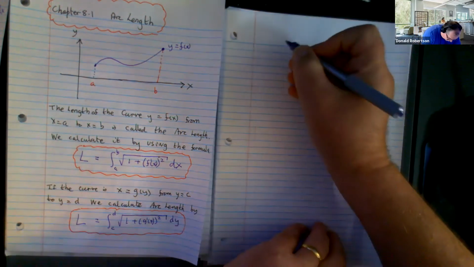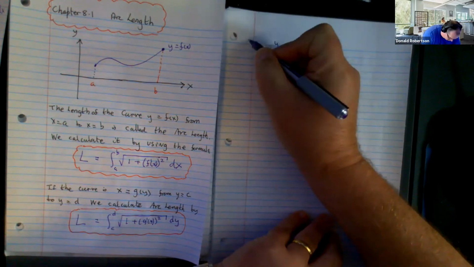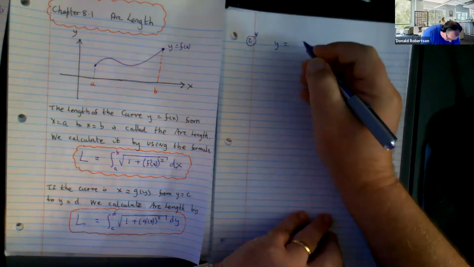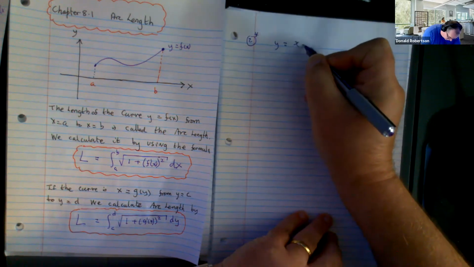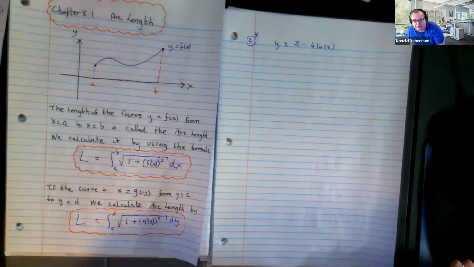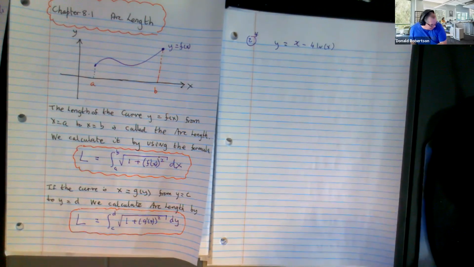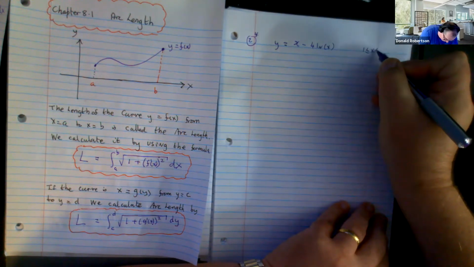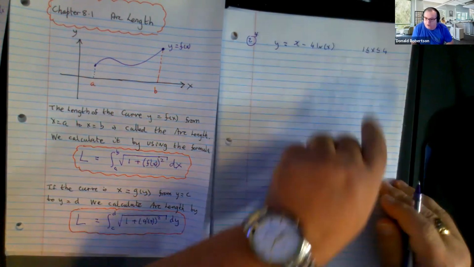Let's have a function. This is question 2. I should warn you that the algebra is going to be, in some questions at least, quite convoluted. Right, here's a function, x take away 4 log x, and we are being asked to find its arc length from 1 to 4.